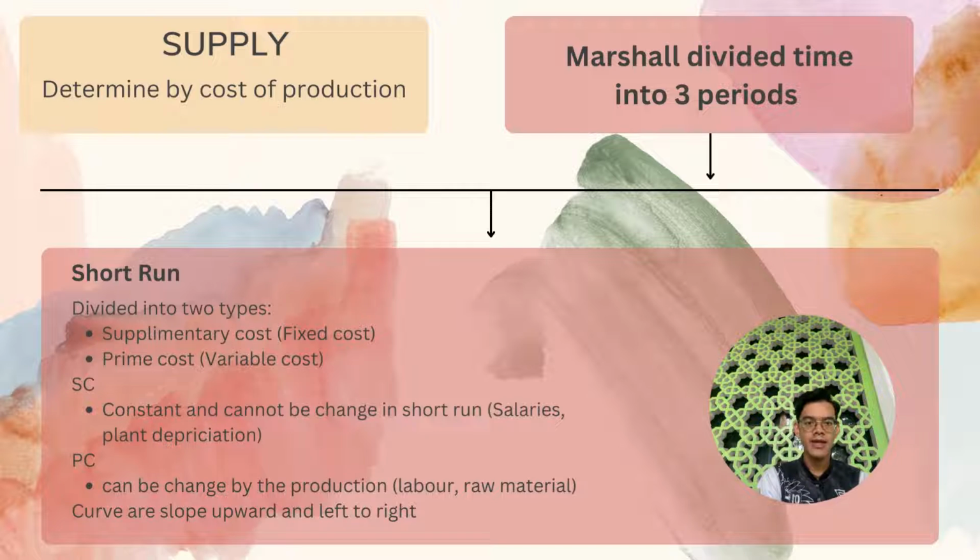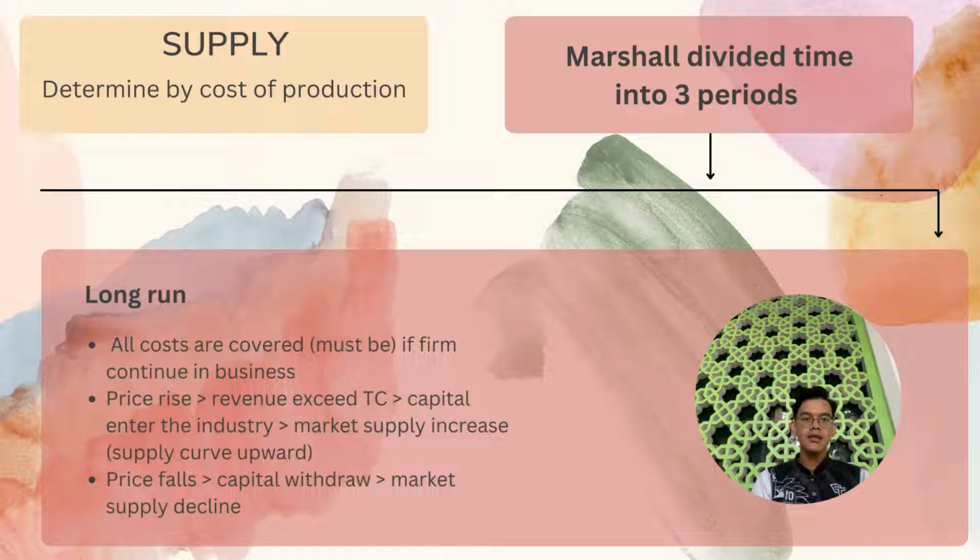quantity being supplied. Okay, in the long run, all costs are variable and they all must be covered if the firm is to continue in the business. If the price is rising, such that total revenue exceeds the total cost of production, capital will enter the industry and the market supply will increase.